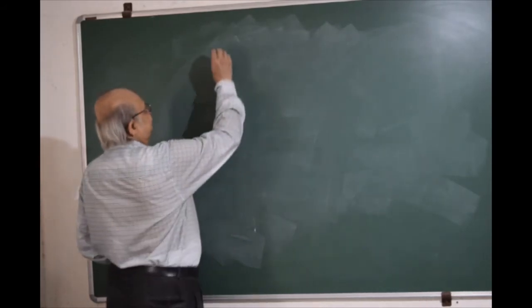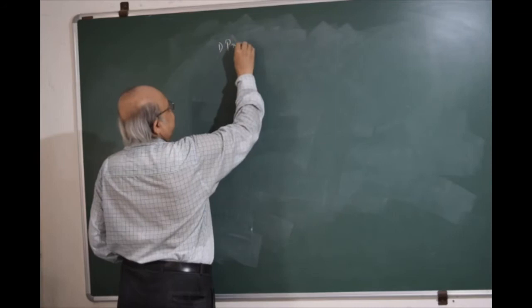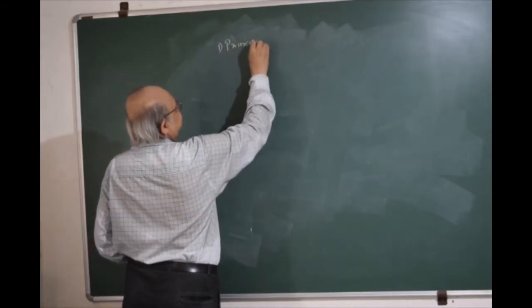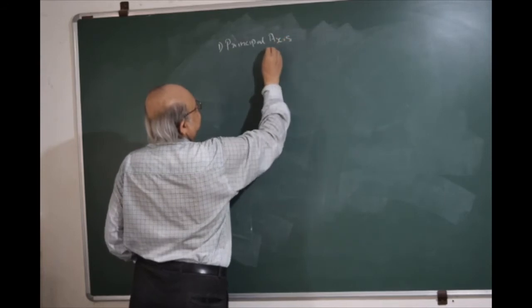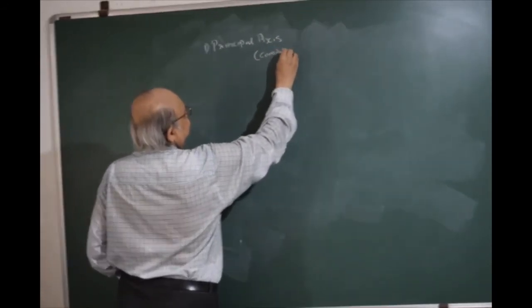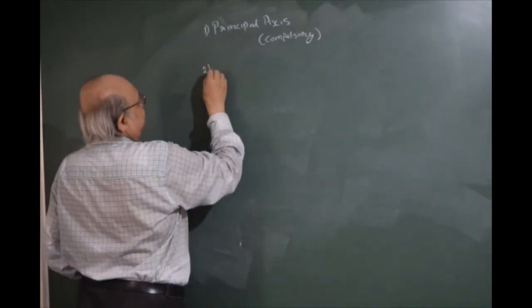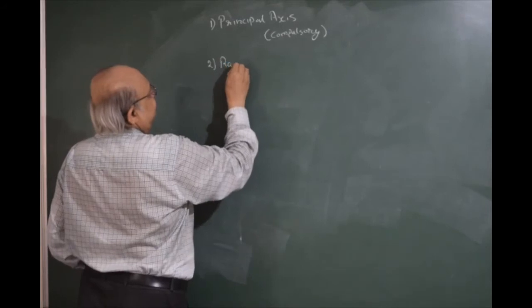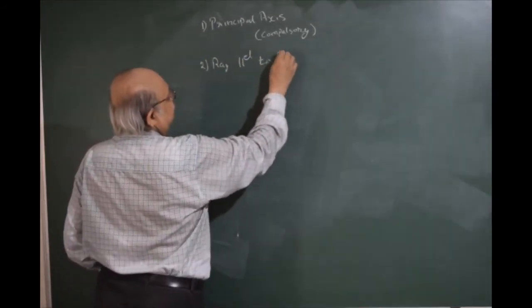The 3 rays: one, principal axis, compulsory. Number 2, ray parallel to principal axis.